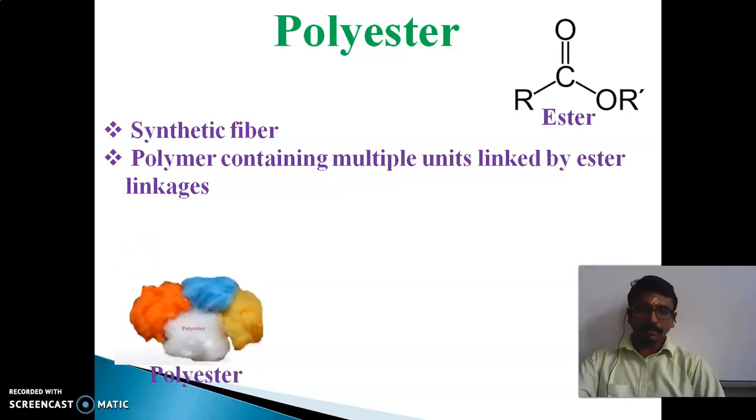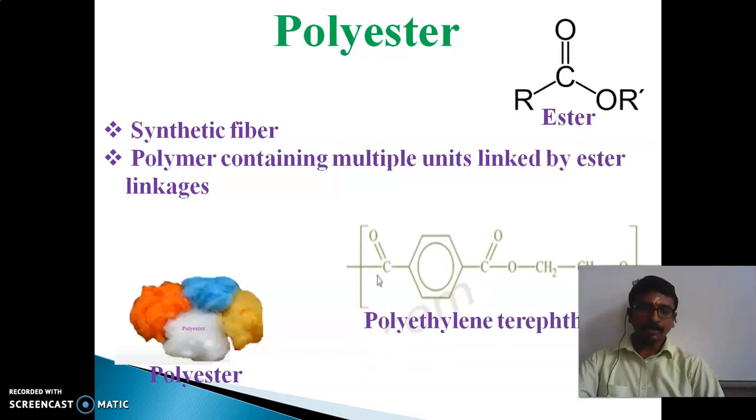And this is the polyester fiber. This is the compound we have to prepare, that is polyethylene terephthalate. In shortcut we can write it as PET. So PET indicates polyethylene terephthalate. In that it's having the ester functional group.